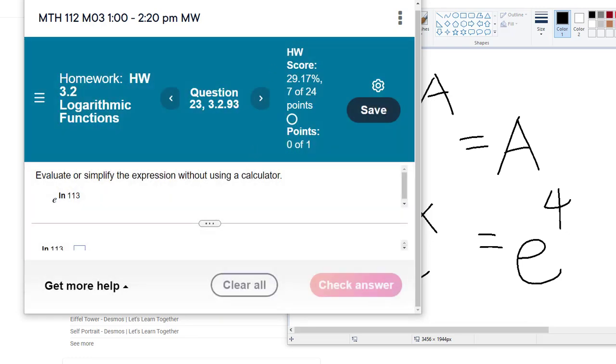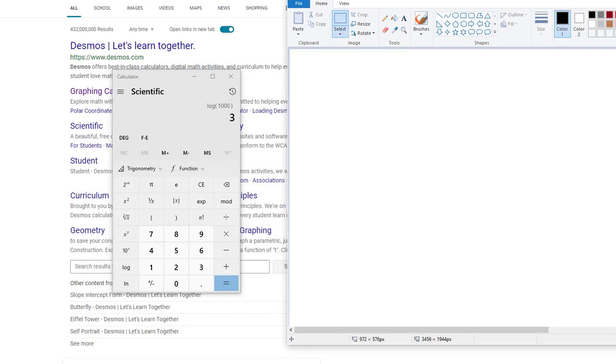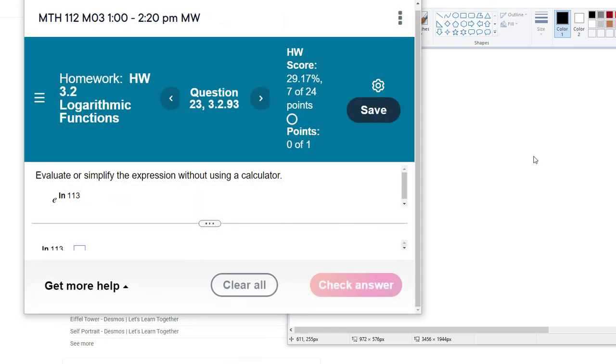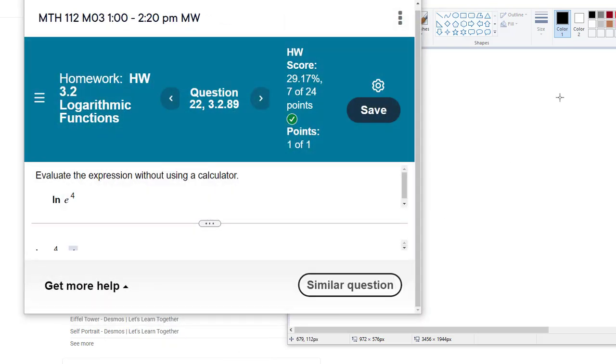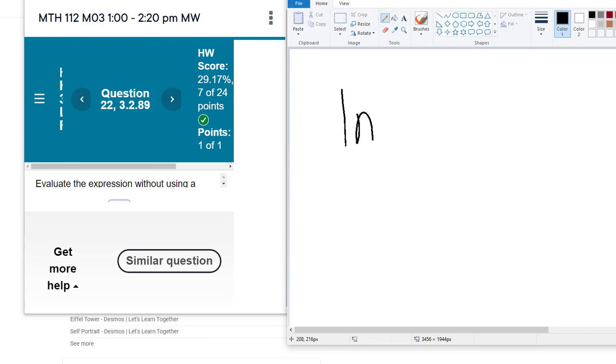Okay, and you can think of this as, remember, the natural log is a base of e that we don't write.